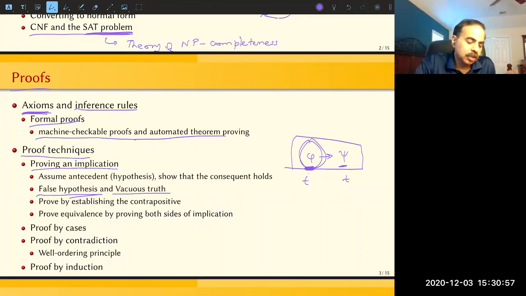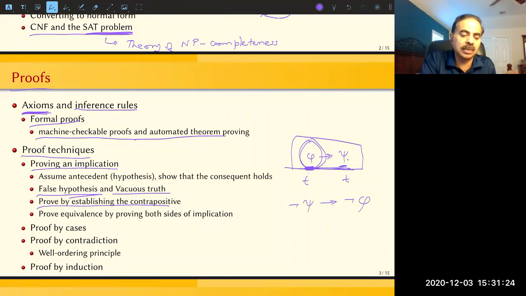Okay. So a second way of proving an implication is by taking the contrapositive, which means that the contrapositive of this is not psi implies not phi. Okay, so what that means is that you are basically negating both sides and then flipping the direction of the arrow, right?